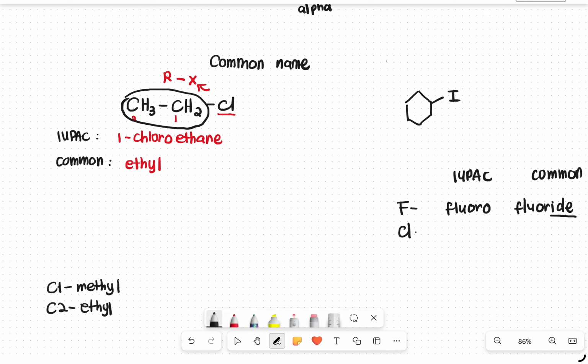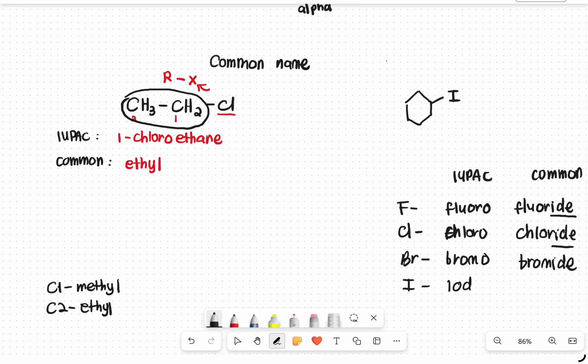If chlorine, IUPAC is chloro, and common will be chloride. IDE. Bromine: the IUPAC name is bromo, then common will be bromide. And IUPAC is iodo, and the common will be iodide. IDE. So all of this change to IDE.